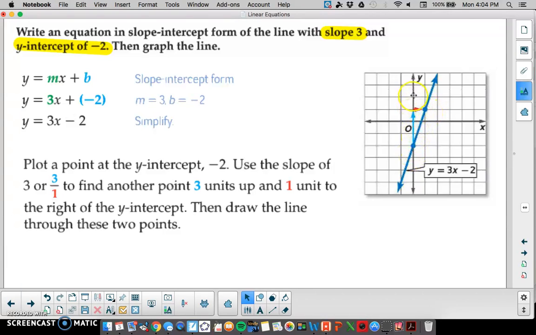And so up 3 over 1, up 3 over 1. Another way we can get a positive 3 is also to go down 3 and left 1, so negative 3 over negative 1. And we get this point over here at negative 1, negative 5. And then we're just drawing the line through those points. And the equation of our line would be that y equals 3x minus 2.